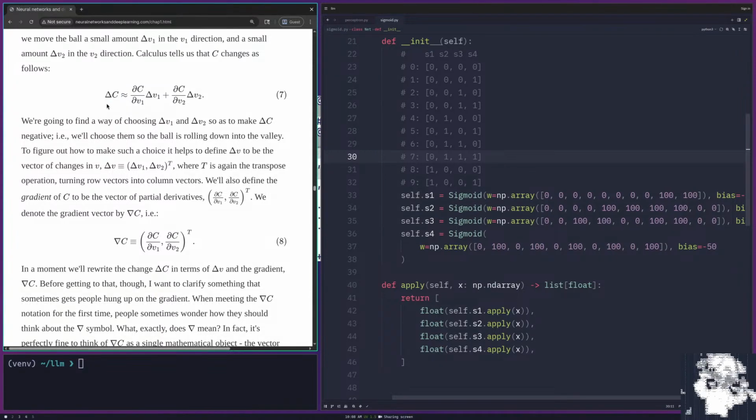If our changes are small, then calculus tells us that this approximate relationship holds. So the change in the output is approximately equal to the amount that you changed each of the v's times the gradient, or the slope of the cost function in the direction of that v.